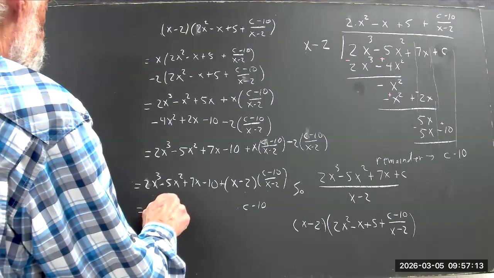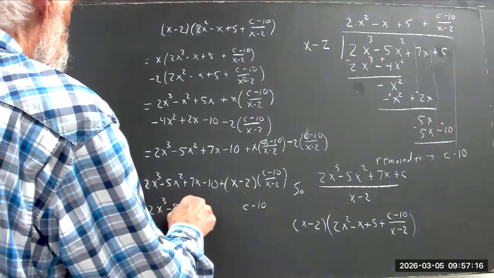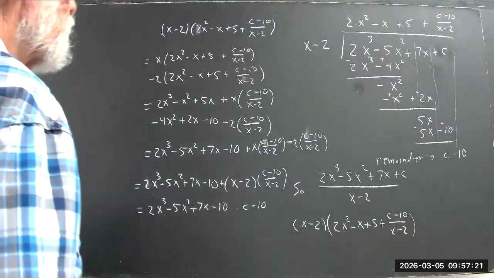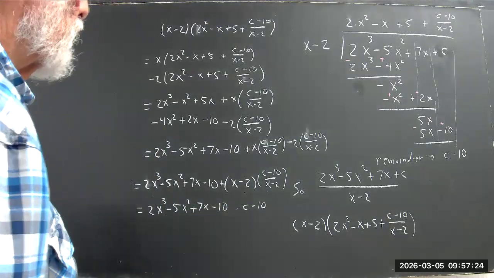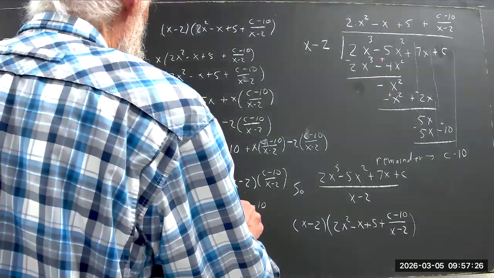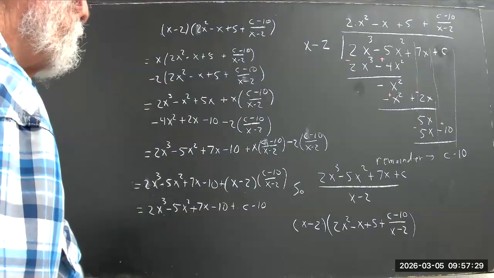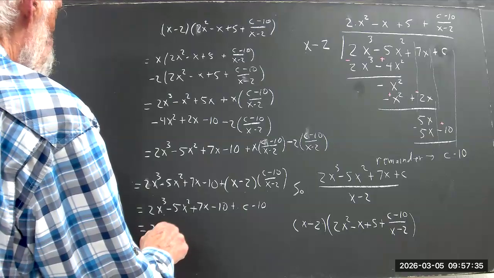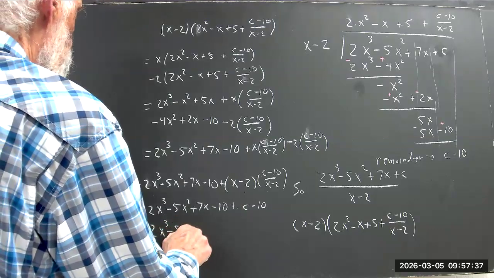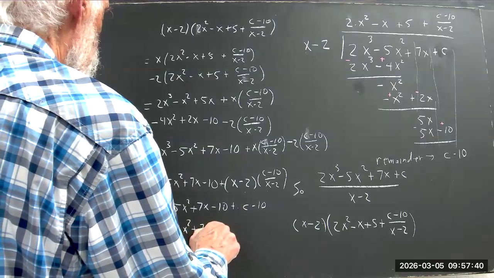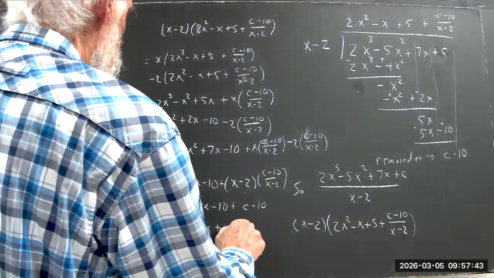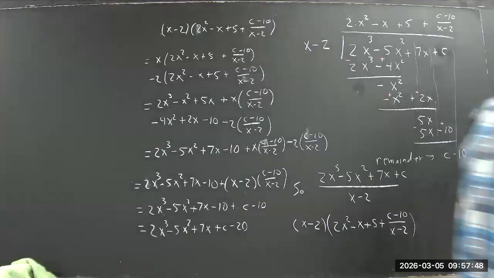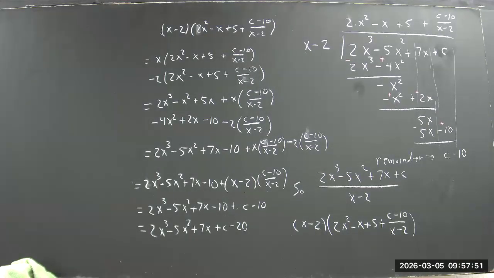So what we have here is 2x cubed minus 5x squared plus 7x minus 10 plus c minus 10, which is 2x cubed minus 5x squared plus 7x plus c minus 20.